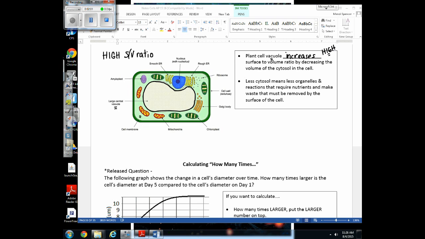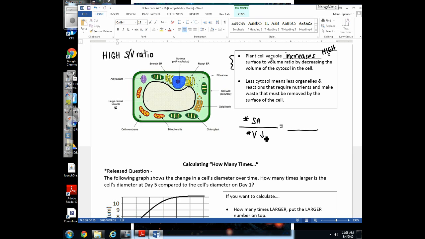Now, let's relate this top statement to an idea about formulas. When we're calculating surface to volume ratio, that means that we have a number on top, we have surface area on top, and we have a number on the bottom that represents volume. And then our answer over here, that's going to be the ratio. If you alter this bottom number, if I decrease the volume, because that's what's happening by this large vacuole being inside the plant cell, we're actually decreasing the volume and the contents of the cell.